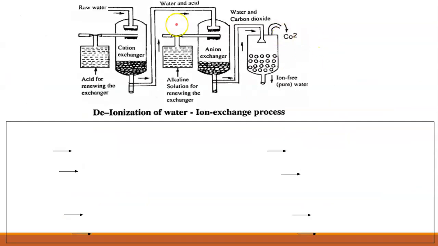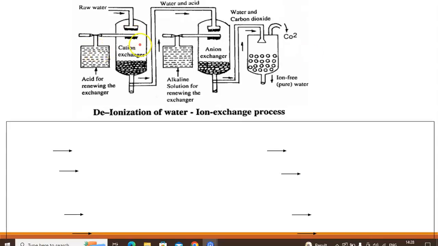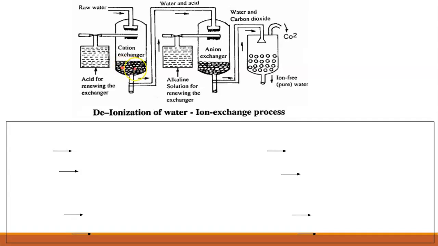This is the process of ion exchange. In this method, you can see there are two containers. In the first container a cation exchanger is present, and in the second container an anion exchanger is present. The cation exchanger contains the cation exchange resin, and the anion exchanger contains the anion exchange resin.